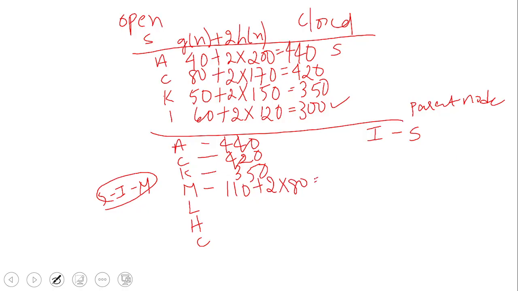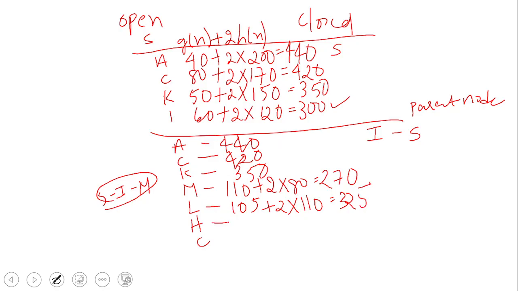So we get 270. Similarly for L, S to I to L is 105, plus 2 into 110, so we get 325.